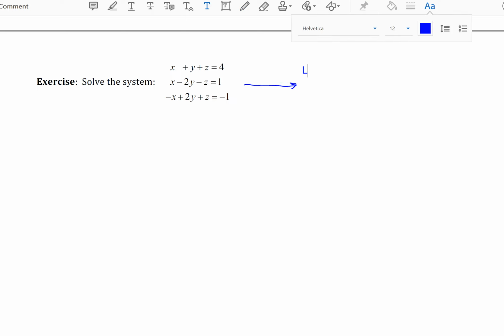So let's use the calculator or other matrix calculator to perform the RREF.